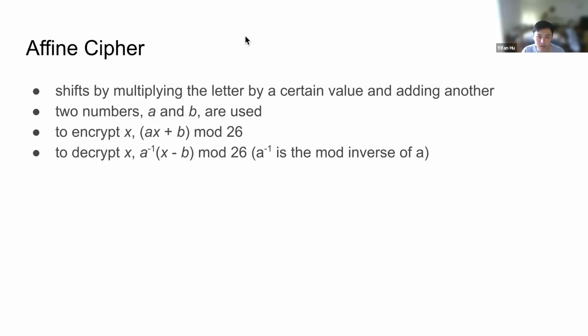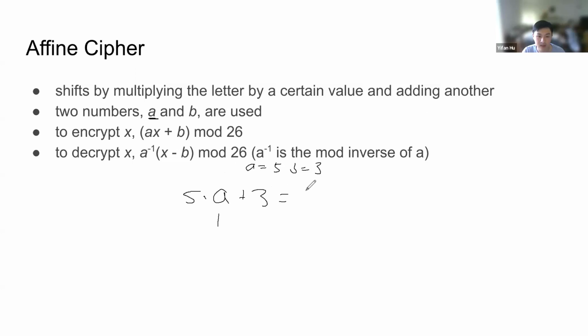So if you have letter A, pretend this is your starting letter, so it's 1, and now pretend this A value is 5, and this B value is 3. Then you multiply this A value 5 times your letter A, and then you add the B value, which is 3.